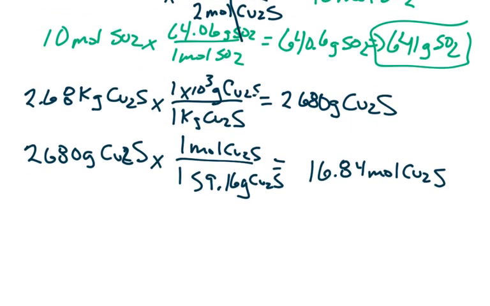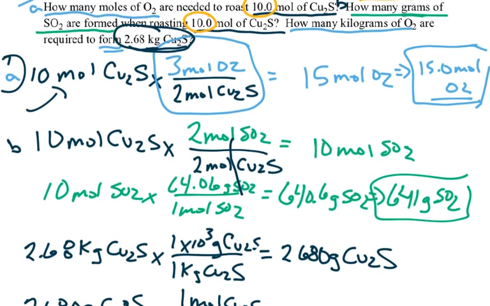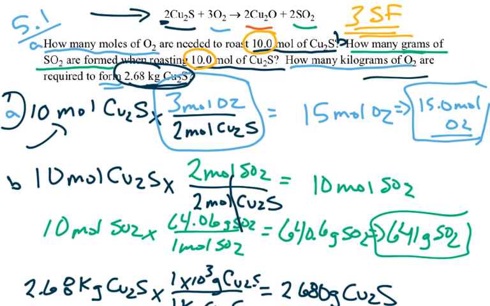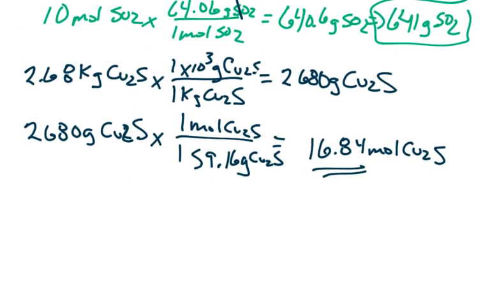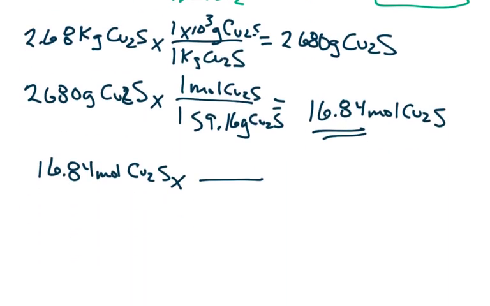But instead of 10, now we have 16.84. So we do it the exact same way, okay? We're even going to the same thing. We're going to O2, all right? So 16.84 moles of Cu2S.